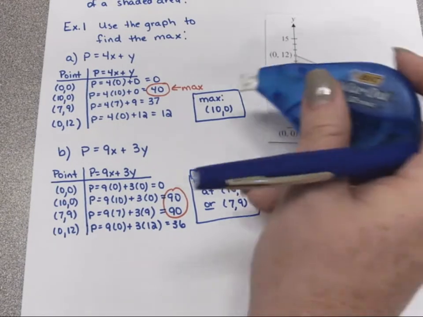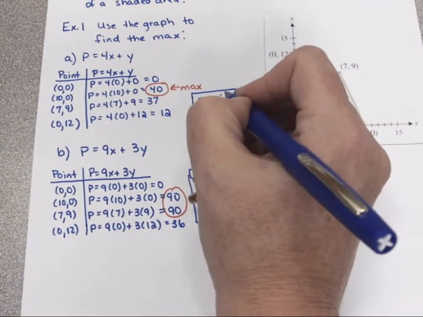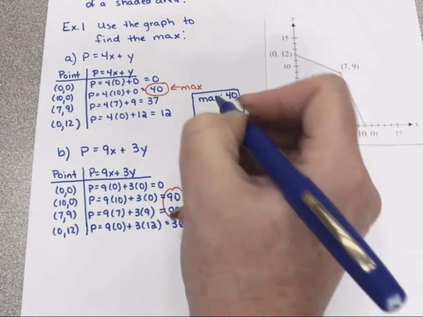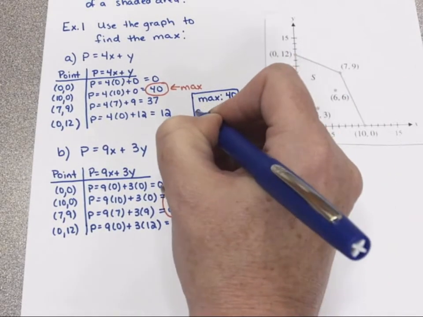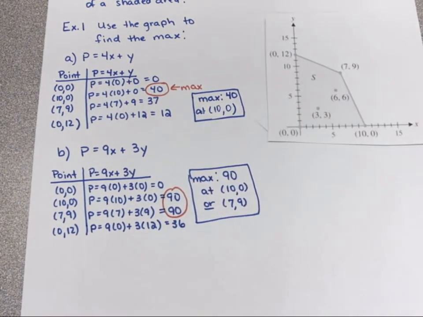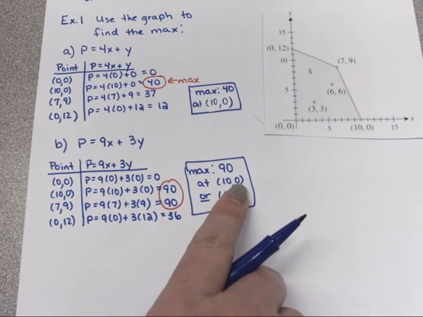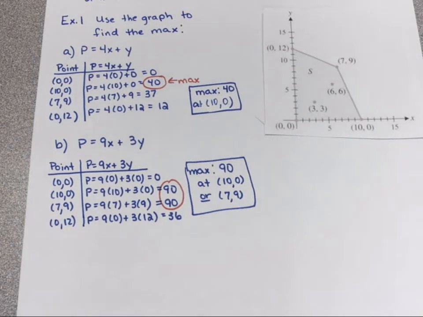So back up here, let's write it a little differently so that I use the same formation here. So the max was 40 at the point 10, 0, because that's a little more descriptive anyway. So what this means is we could sell 10 of one item and 0 of the other item, or we could sell 7 of one item and 9 of the other.